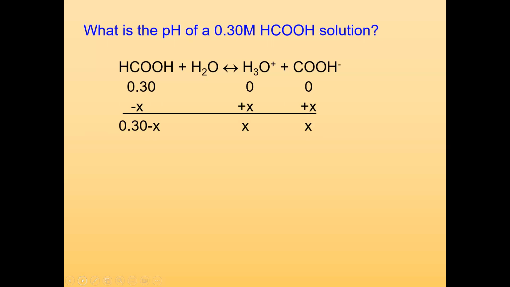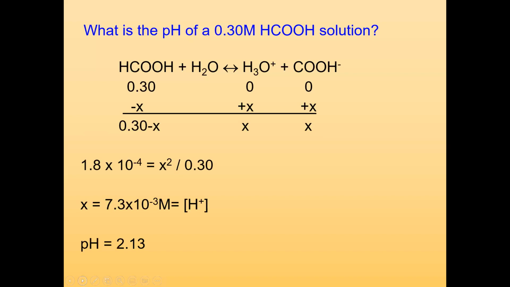And then we can use the Ka of that acid, which is 1.8 times 10 to the fourth. We can solve for X, which is our hydrogen ion concentration, which we can use to determine pH. So the pH of this acid would be about 2.13.